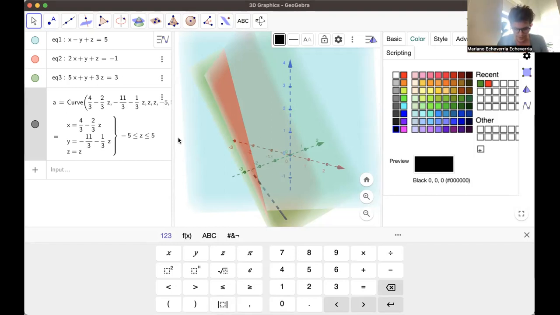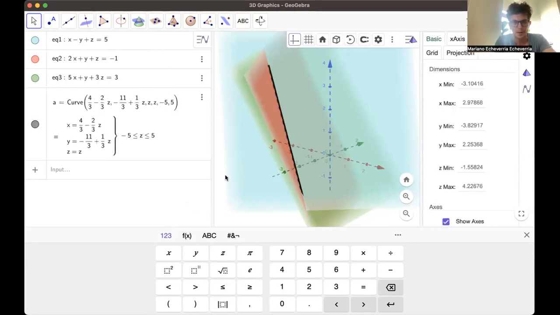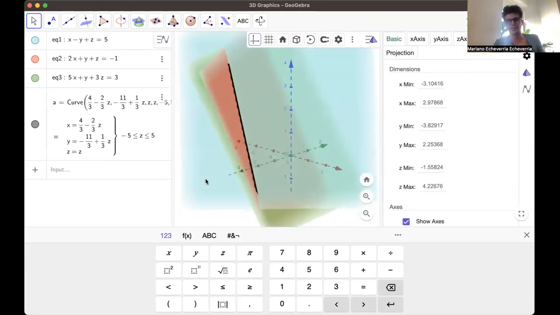Oh my God. I don't know if you can still see the PDF. I'll fix it on the PDF, but it had to be plus 1/3. Here, y had to be minus 11/3 plus 1/3 z. And now it's fine, right? Now it does look like it should.